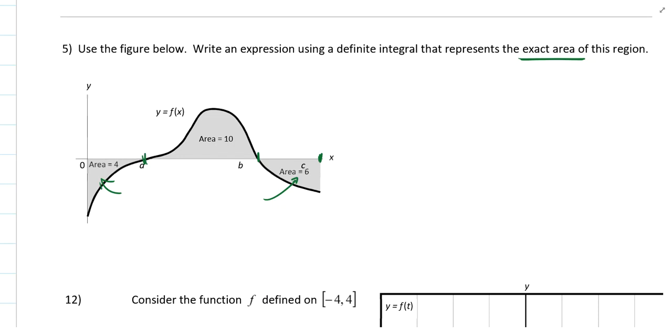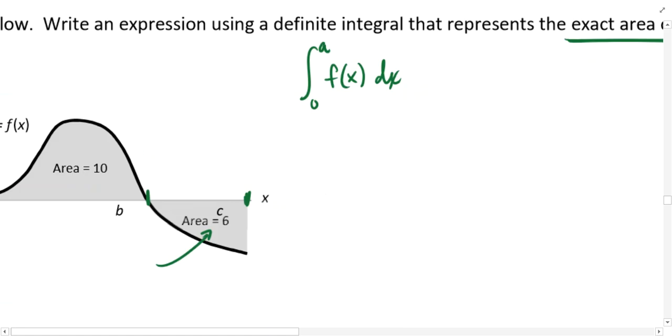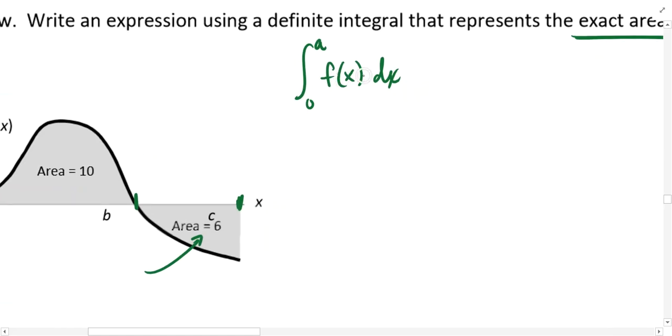So I can think of a couple different ways that we would answer this. More commonly, I think the most common answer would be something like this. The function is f of x, and so when I integrate f of x with respect to x between 0 and a, I should recognize that that area is going to be negative, or at least this integral is going to calculate out to be negative.